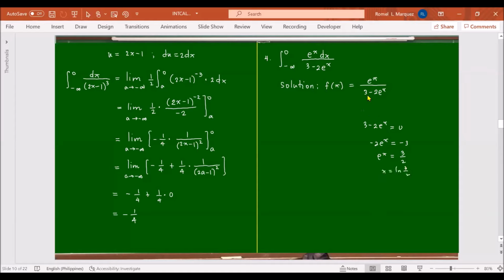So the only point of discontinuity is when x is ln 3 over 2, which is not inside this interval. Therefore, this is continuous on the interval negative infinity to 0. Okay?